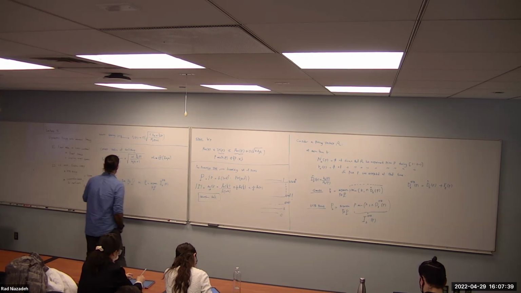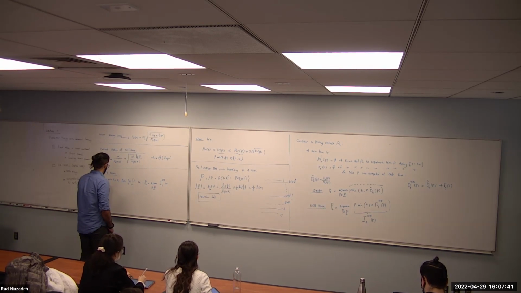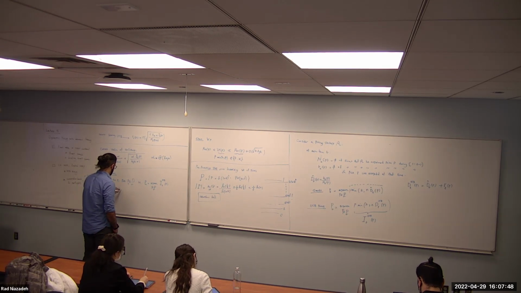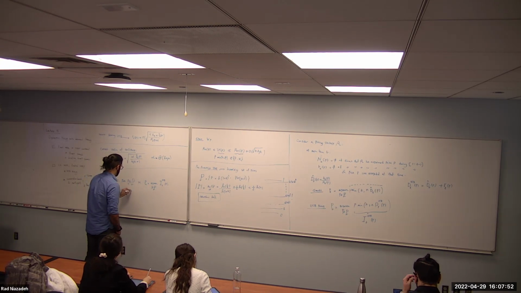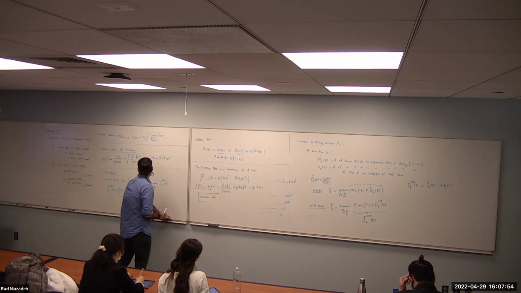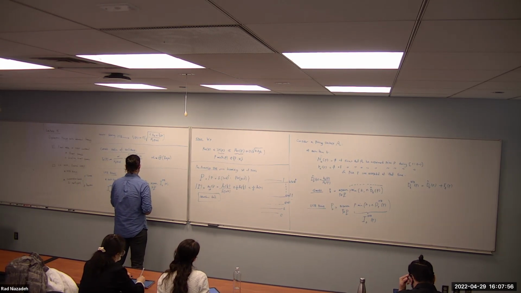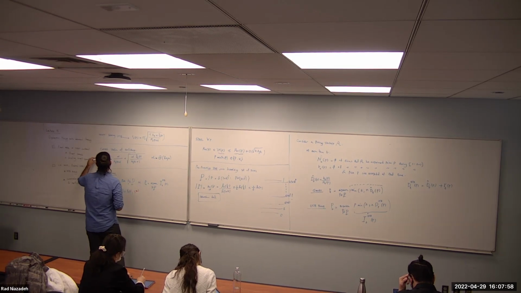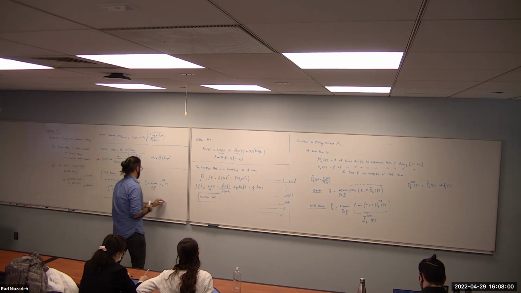And the UCB index is defined to be the estimation for the demand plus RTP, and RTP is defined as that. All right, so this is the algorithm.